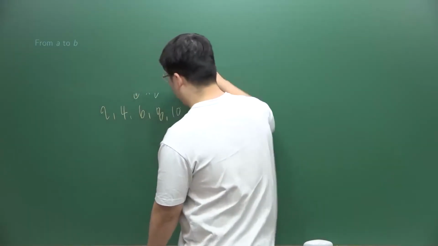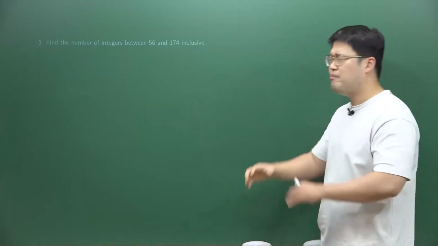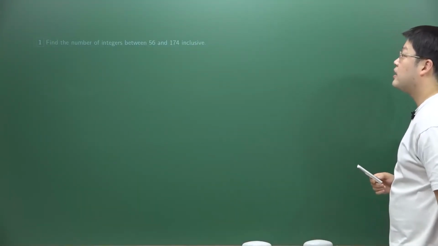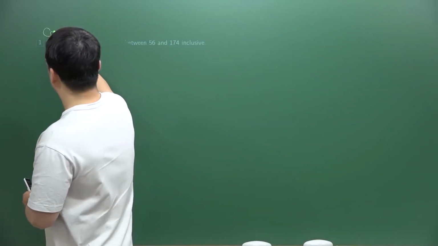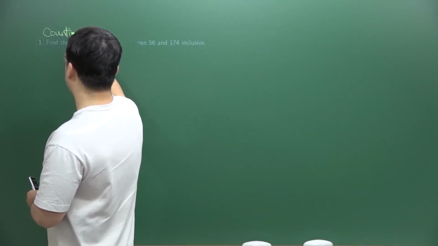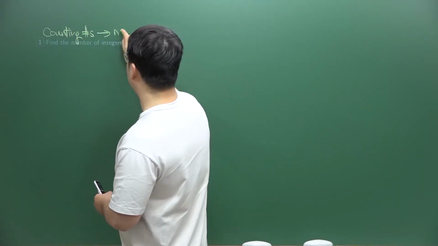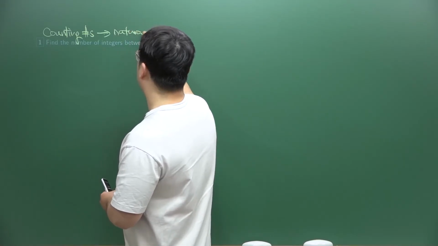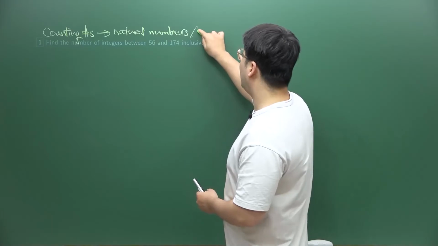So that's one-to-one correspondence, and I will go on to question number 1 to tell you what's going on and how to use the basic tool of one-to-one correspondence. Now, we're basically counting. When we say counting numbers, that refers to sometimes the set of natural numbers, or sometimes the whole numbers.